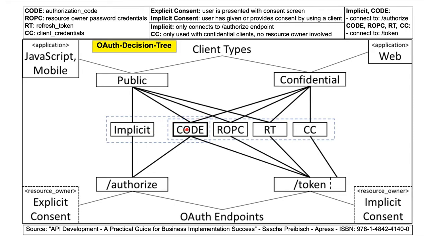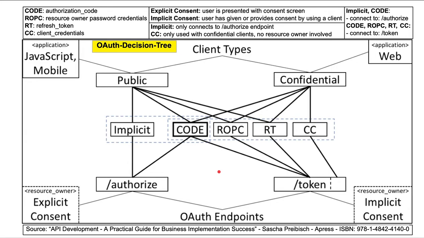So implicit and code are surrounded by this dotted line. They both communicate with the authorization endpoint. And all the flows surrounded by this longer dotted line or box, they will also or only talk to the token endpoint.